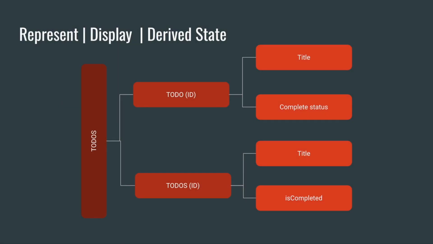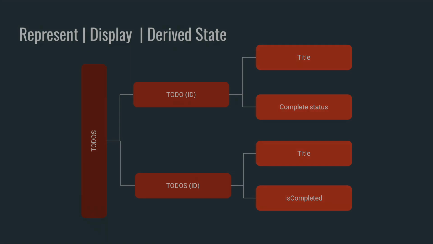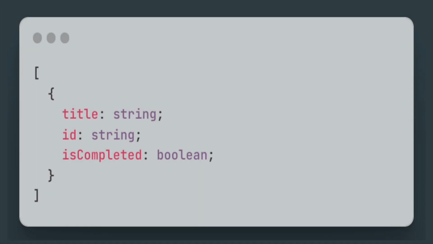It's a list of to-do where each to-do will be having some title to the display and a completed status based on which we'll mark that to-do as completed or incomplete. And for this, we would be requiring a raw data that looks like this: a title, an ID to identify, and is completed flag.